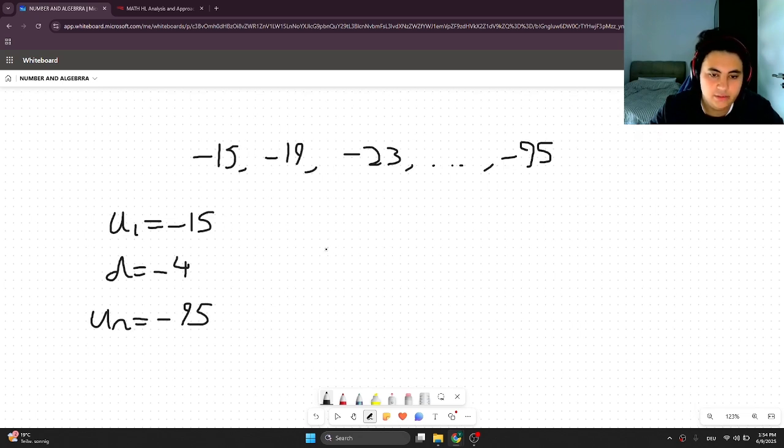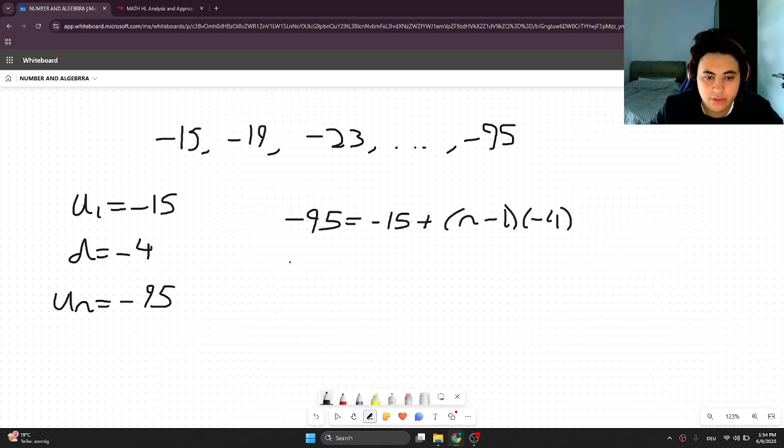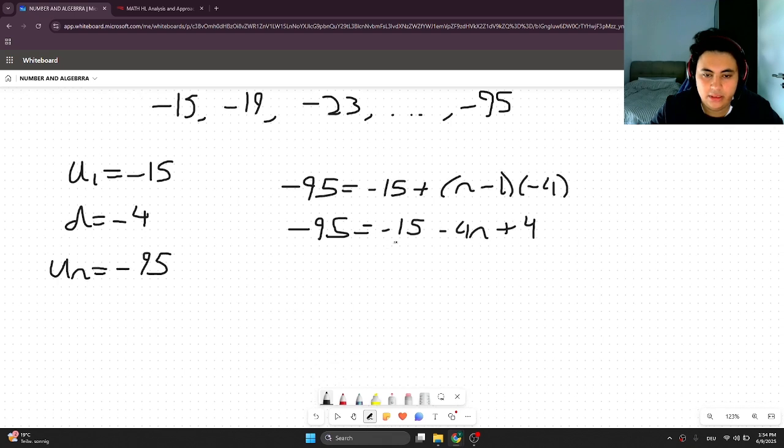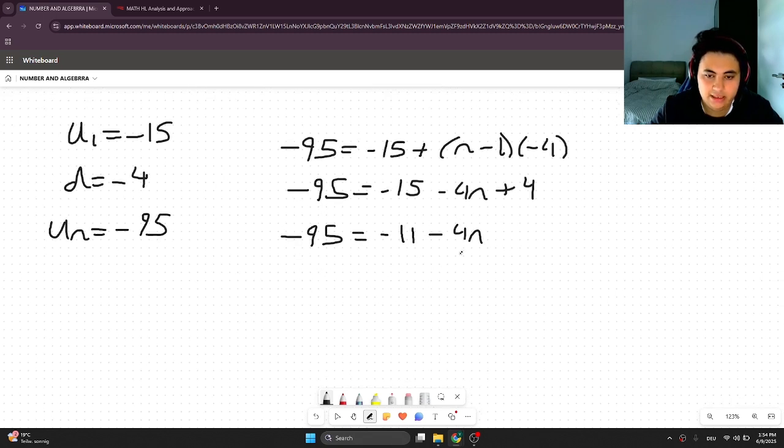So we're just going to straight away write all the values. We have negative 95 is equal to negative 15 plus n minus 1 times negative 4. Lots of negatives in this one. Negative 95 is equal to negative 15 minus 4n plus 4, which gives negative 95 is equal to negative 11 minus 4n. So we add 11 to this side and then divide by 4.